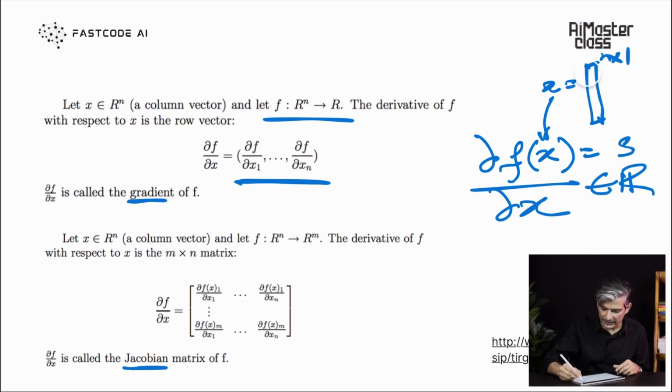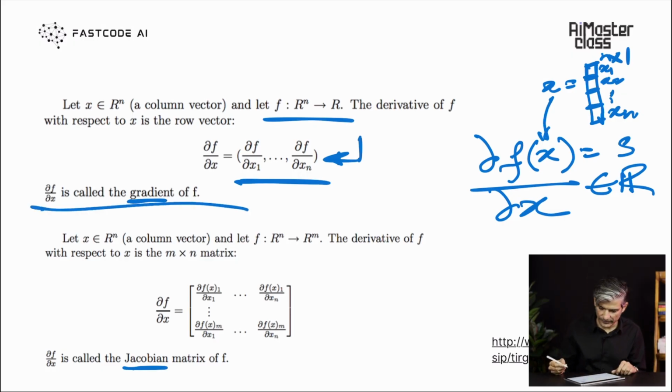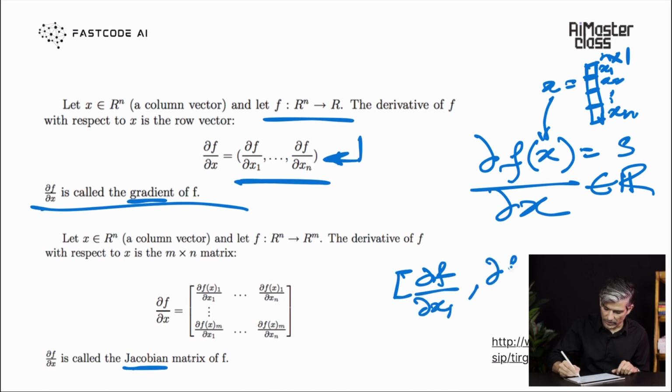So let's say this is our column vector x, made up of a few components, x1, x2 and so on, all the way to xn, and we collect it in a row vector, and we call this a gradient. So this df by dx is called the gradient of f, and it is essentially this row vector which looks like dou f by dou x1, dou f by dou x2 and so on.